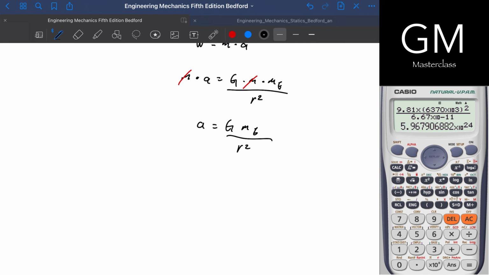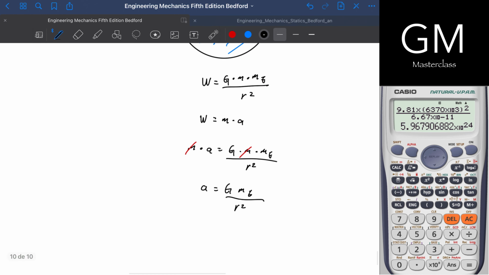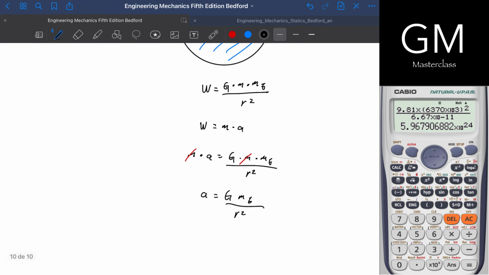Alright, now this works, and this is applied for an object in which the weight is the only force acting on it.